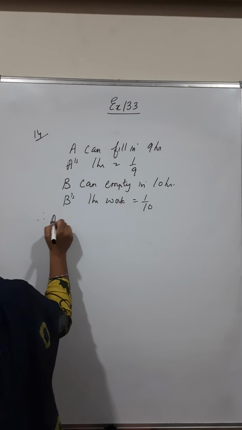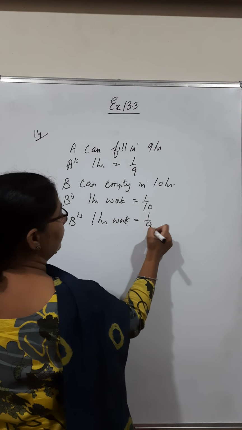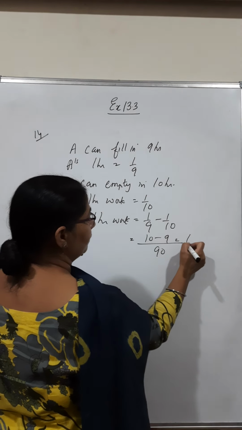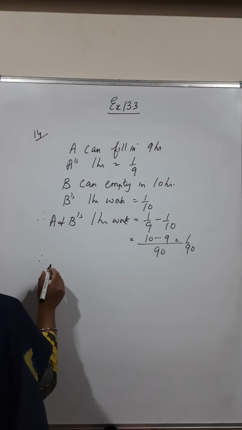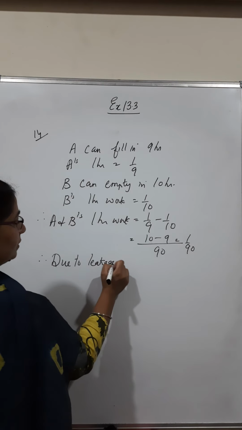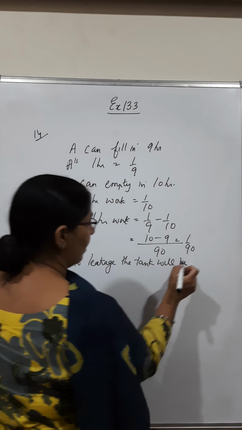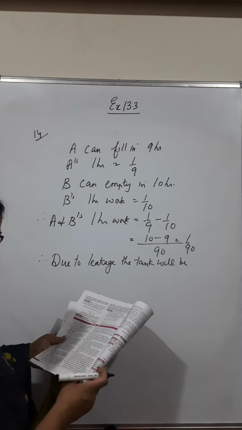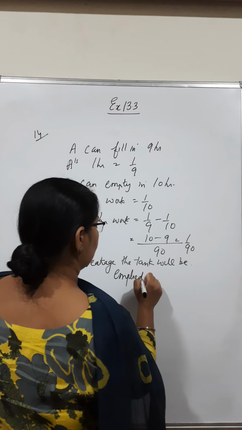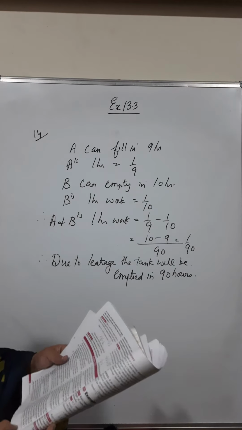So therefore A and B's 1 hour work will be 1 by 9 minus 1 by 10, LCM 90, 10 minus 9, 1 by 90. So therefore due to leakage, the tank will be emptied in 90 hours. Hope you are clear, beta.